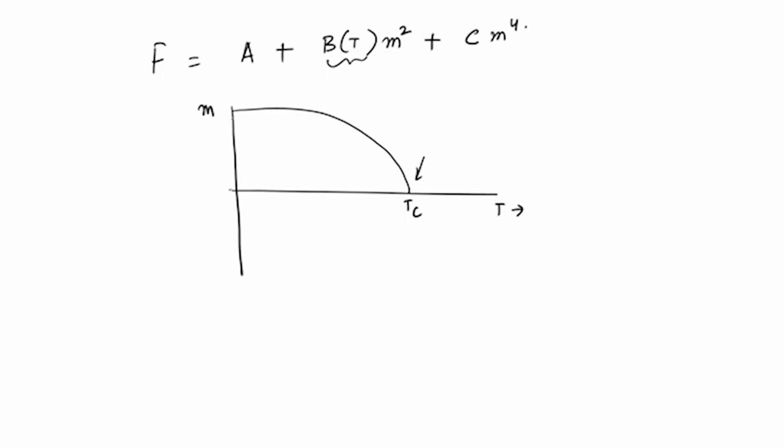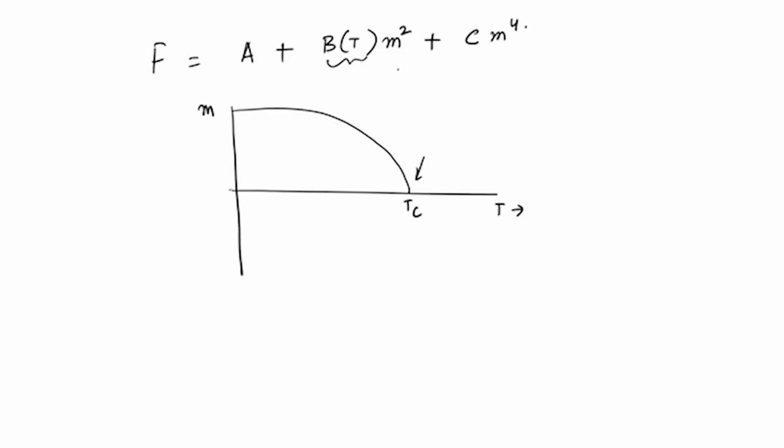But this magnetization is non-zero for T less than Tc, and magnetization vanishes at T greater than Tc. So, magnetization is a marker of the phase transition, or it indicates phase transition, and that is why it is called the order parameter.